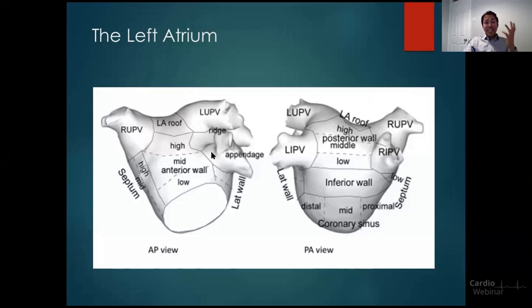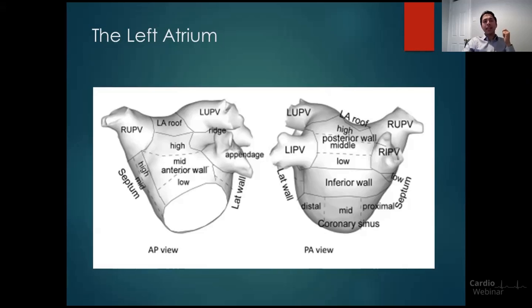Now, for the EP doctor, this chamber is something we are very familiar with, because the belief is that atrial fibrillation occurs because there are ectopic signals within the pulmonary veins which escape into the body of the atrium and trigger atrial fibrillation.